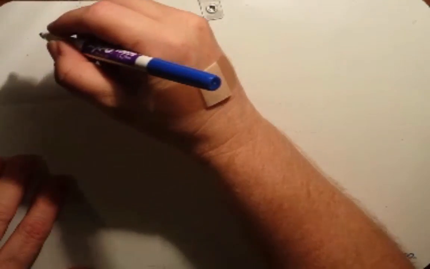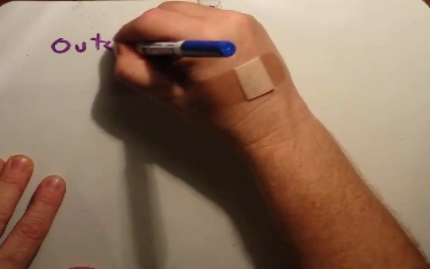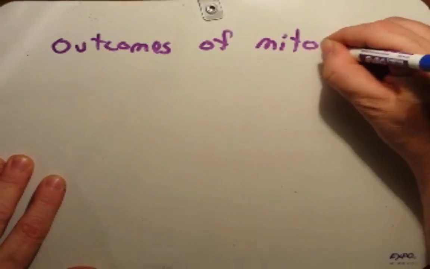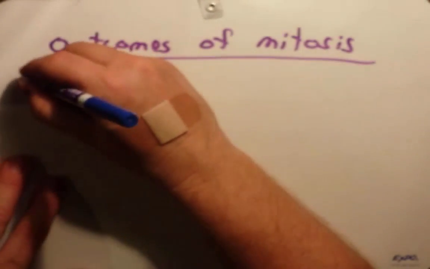Okay, before we move on to the end of this podcast, I think it's important to talk about the outcomes of mitosis. We've said some of these already in passing, but let's just make a quick list here.